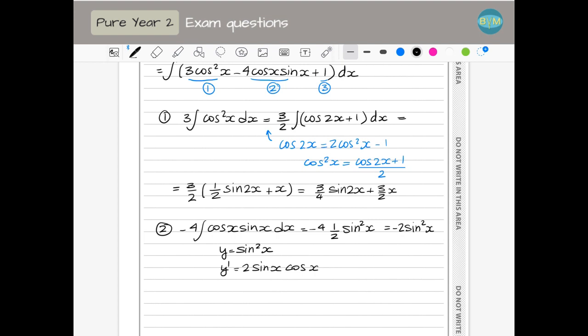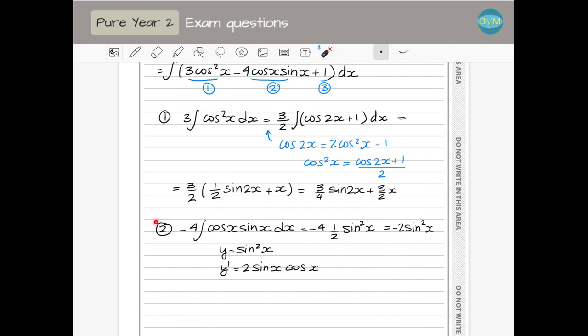You could think, instead of y is sine, that it is cos. So this one could be 2 cos squared, because this minus will go with the other minus. Or you could even think that this is the double angle and this is sine 2x. So it's another way of solving this integral.